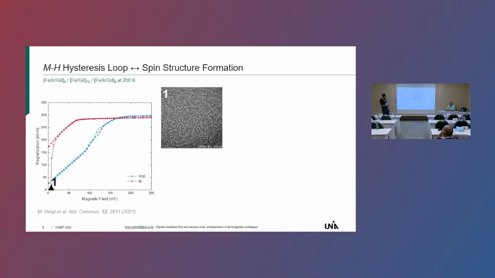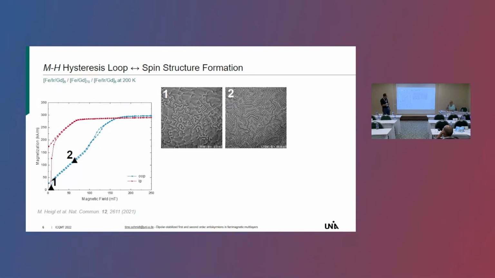If we go further up, okay, thanks. So if you increase the magnetic field, you see that the periodicity of the stripes gets smaller, and you can also make a distinction between the big black and big white domains and the gray domains.